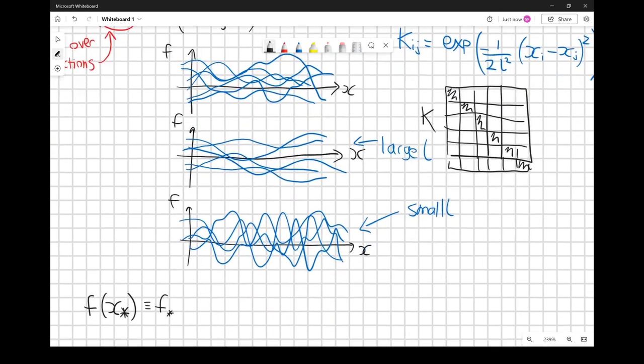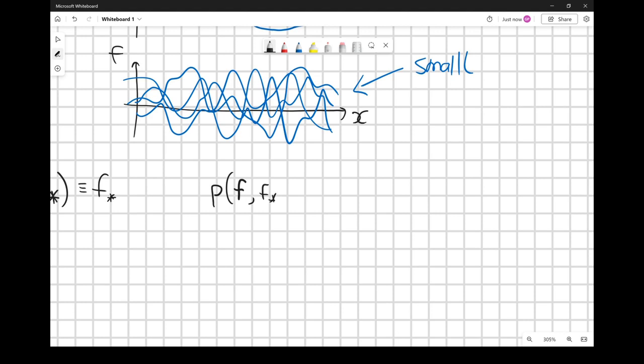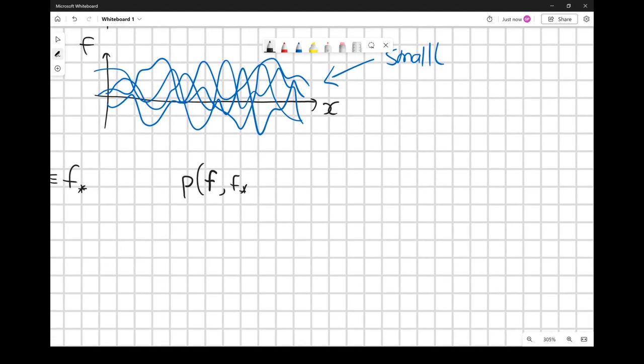Specifically, we can now write a probability distribution, the prior over a concatenation of our vector f. Remember, this is f evaluated from x1 to xn, and now f star, which is f evaluated at x star.